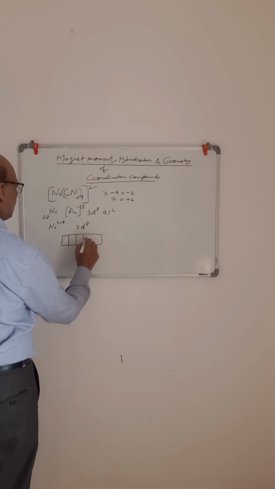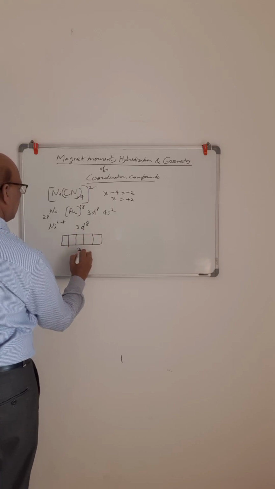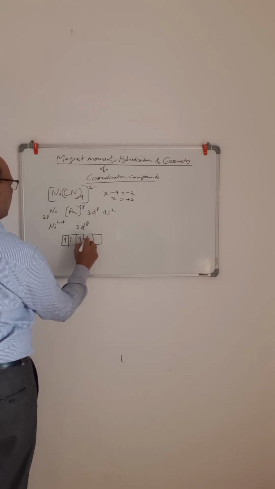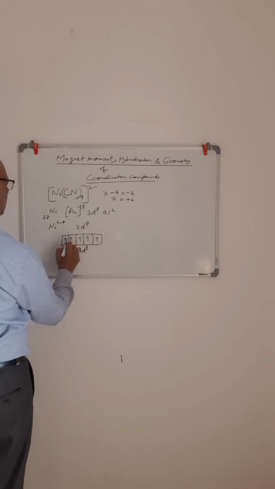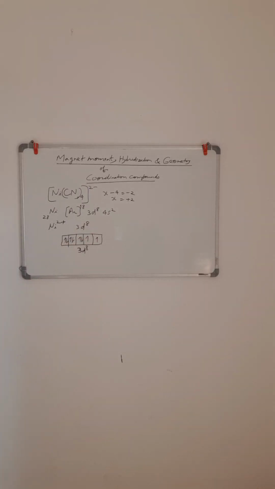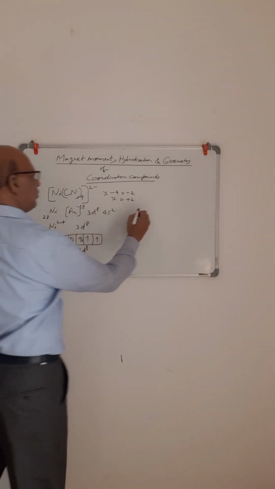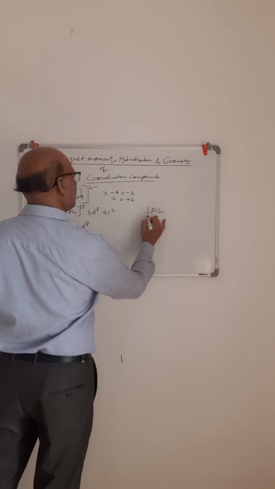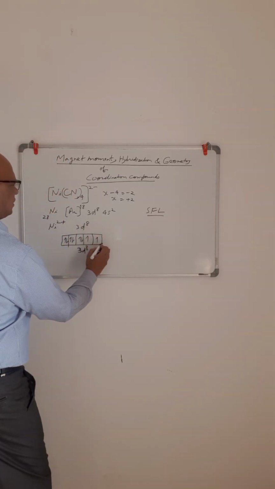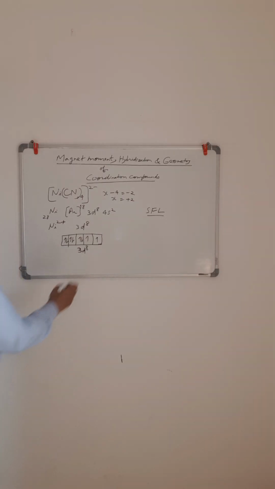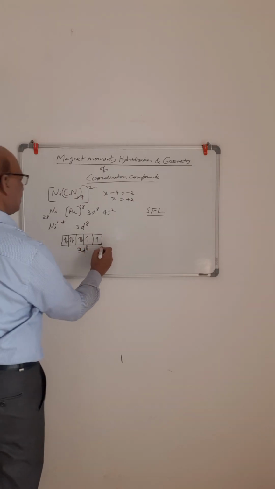5 orbitals of 3d. So 1 electron each, remaining 3 electrons. Okay, so this is the nickel 2+. Now this CN- is a strong field ligand. Okay, so it will result in the pairing up of electrons.